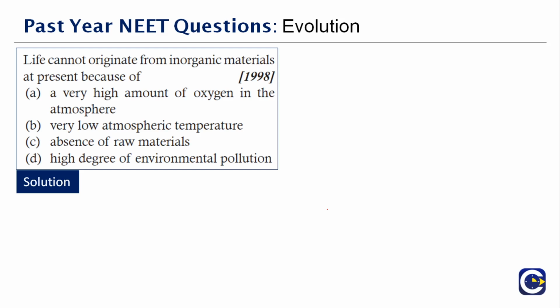Synthesis of organic molecules from simple molecules is no longer possible because of the oxidizing atmosphere, so a very high amount of oxygen in the atmosphere. That is the right answer, which is option A.